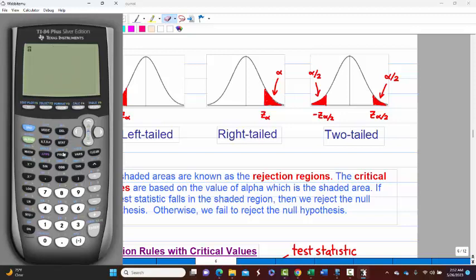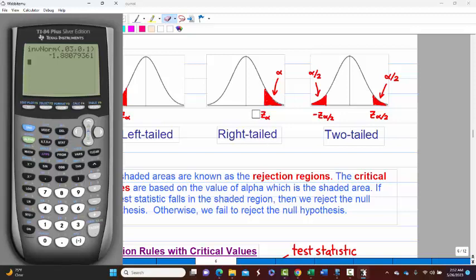Second, distribution, inverse norm, clear that, 0.03. This will be how you do it for a left-tailed test. Negative 1.88.